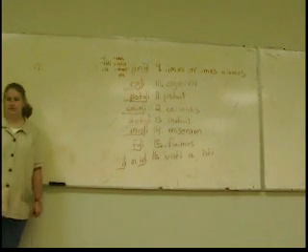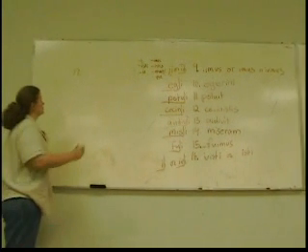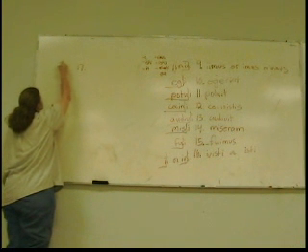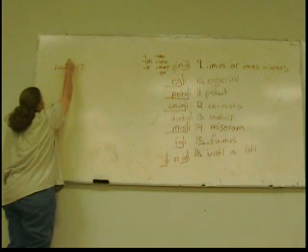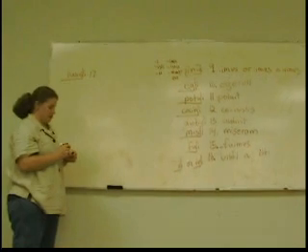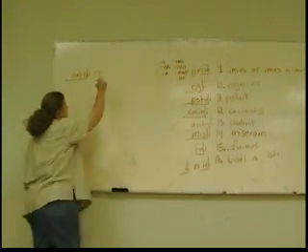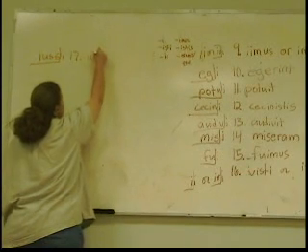Kurt? We shall have ordered, and I don't know the third principal part of iubeo. Okay. The third principal part is iussi. And it's future perfect. Good.